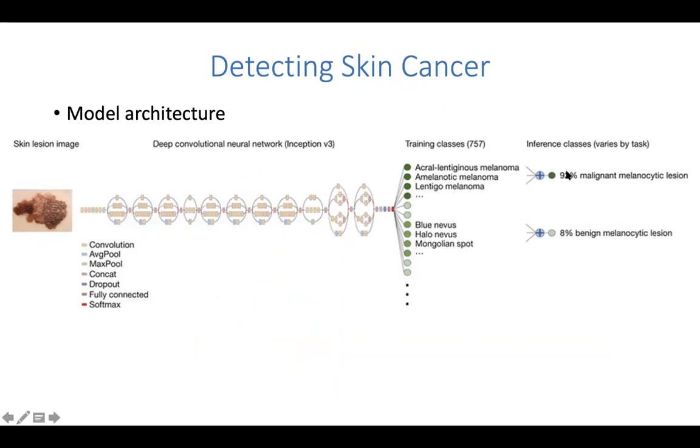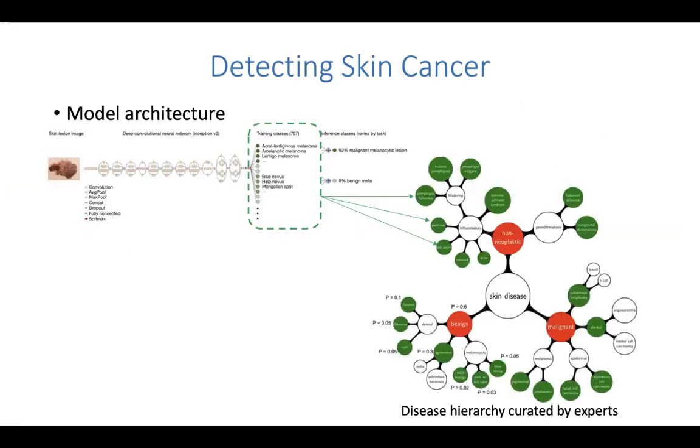So they actually do a vote. If the total sum of the probability of a subgroup of the training classes amounts up to like 0.5 or 0.6, then the model says, okay, so this person has carcinoma or not, something like that.